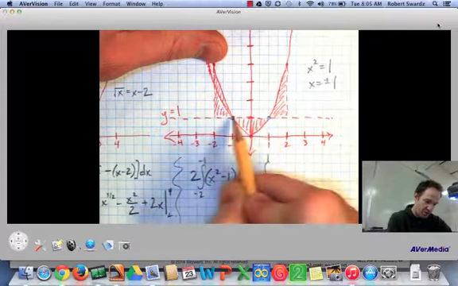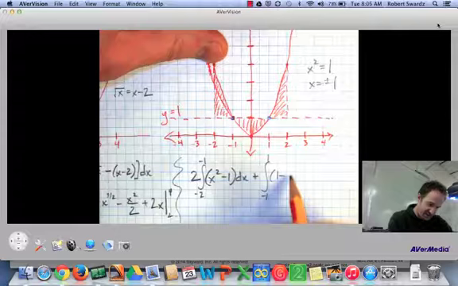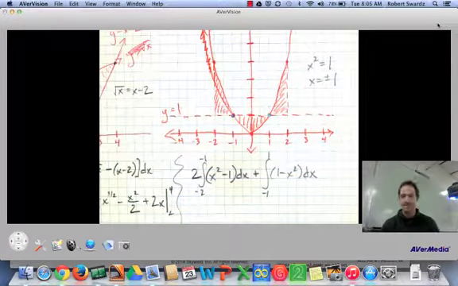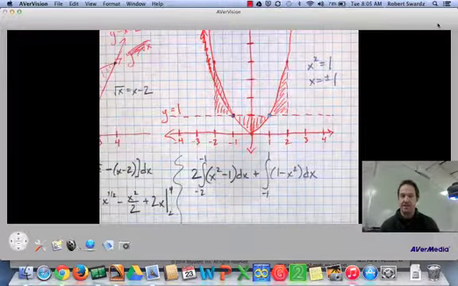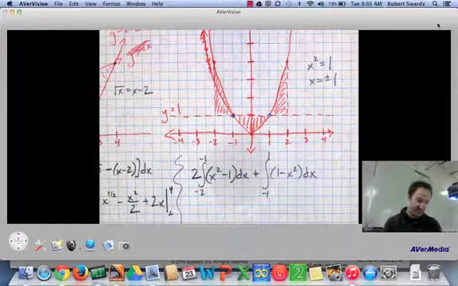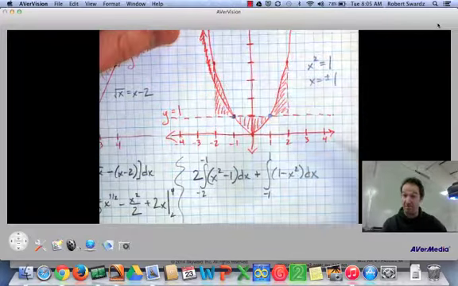And the top is 1. The bottom is x squared. So 1 minus x squared dx. And there we go. Now all that's left to do is to evaluate those integrals. It's always top minus bottom. You've got to set up separate integrals if the top and the bottom function changes.